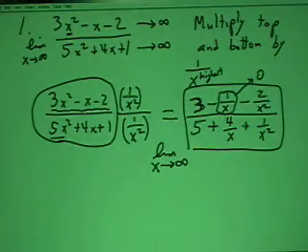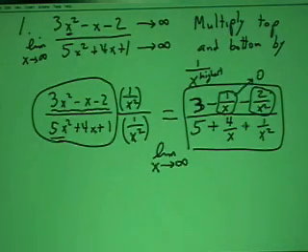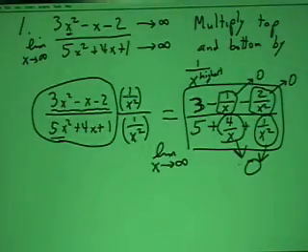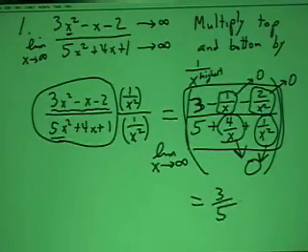Because as x gets large, 1 over x becomes diminishingly small. And the same thing happens with this. So anytime you've got this x or x squared or stuff in the denominator like that, all of that stuff just goes away. 4 over x, it's out of here. 1 over x squared, it's out of here. They both go to 0. So the only thing left standing, the limit of all of that, is going to be nothing more than 3/5.